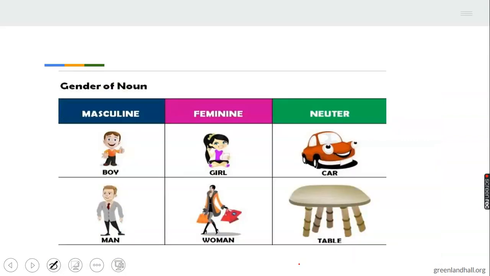Okay, now let's look at this. Boy is masculine. Boy is a male, while girl is feminine. Look at this neuter gender. It is an object. We cannot categorize them as male or female. So a car is neuter gender. Look at this. Man is masculine, and the feminine will be what? Woman. You cannot say man, girl.